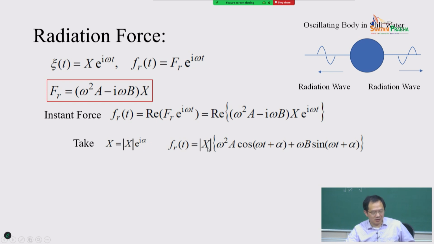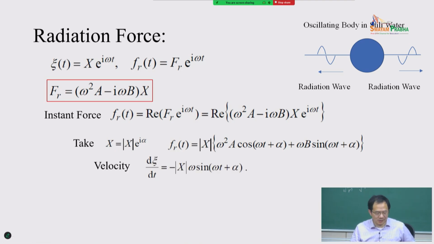Now we have talked about force, so let us look into velocity. The displacement is given, and velocity is just the time derivative. Taking the real part, the cosine derivative becomes sine, and you have a phase here.